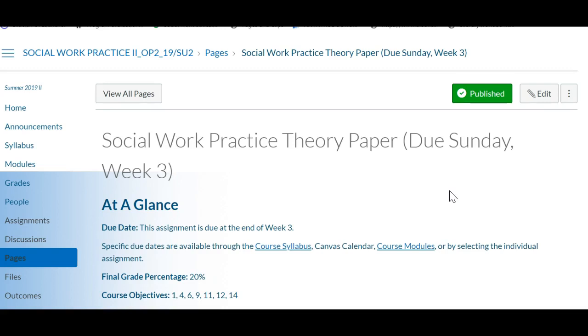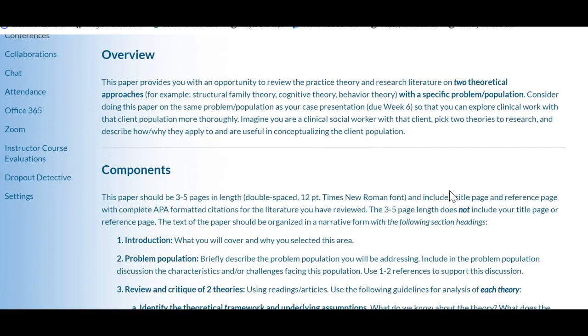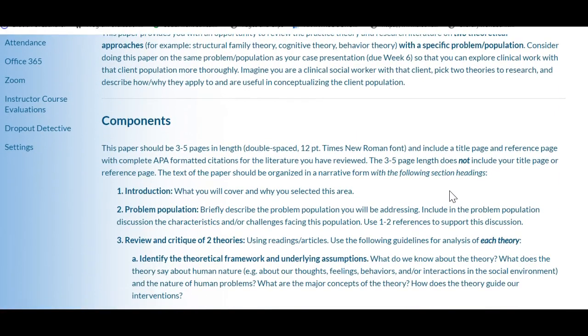The first 2 chapters of the Walsh text give a really good, clear explanation of what is a theory and what is an intervention. So that might be a good place to start before reaching out to me. But I'm very happy to answer any questions that you might have in regard to this paper or any of the other assignments that you have this week.